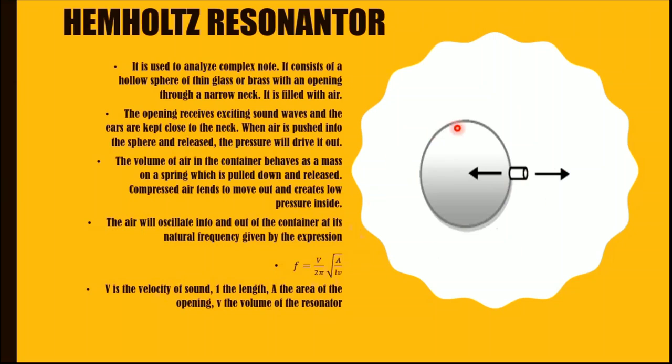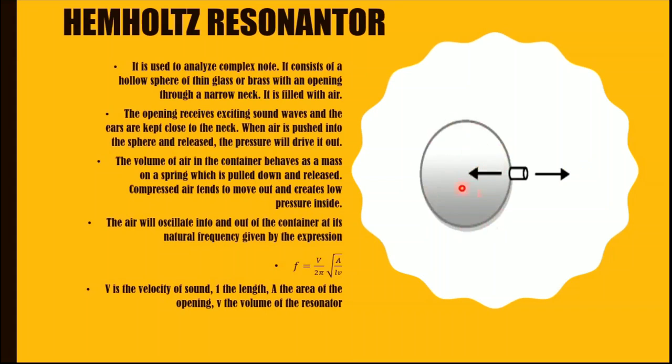So the first thing you need to remember is that it is used for complex notes. It consists of a hollow sphere made of either glass or brass with an opening of a narrow neck where the air is filled. Whenever the air is filled inside, it oscillates in and out with its natural frequency.